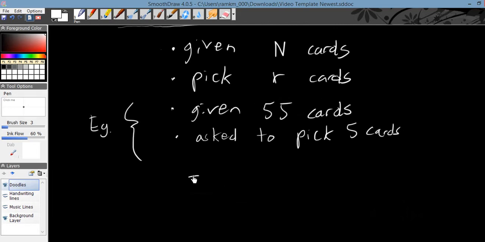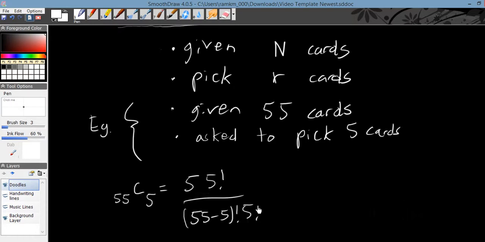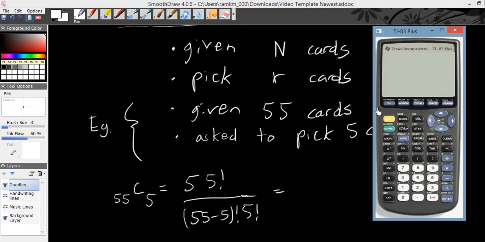Well, this is going to be given by 55 choose 5, which is 55 factorial over 55 minus 5 factorial times 5 factorial. Let's work this out on the calculator here.